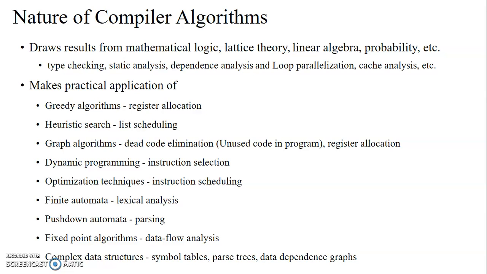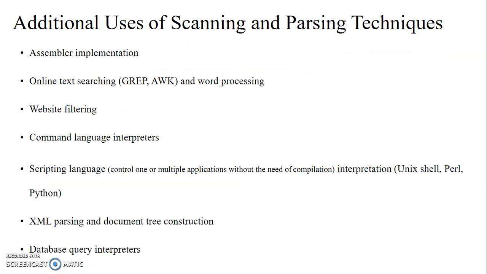And the last one, complex data structures. The data structures used in the compiler are symbol tables, parse trees, data dependence graphs, which are all different kinds of data structures used by compiler technology. Then additional uses of scanners and parsers are given here.